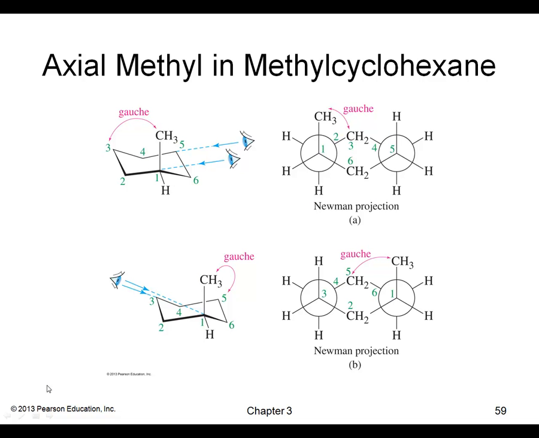Alright, here we see it again. What they're doing in this structure is showing it in the Newman projection. Here showing that CH3 being gauche in the axial position, and gauche over here.